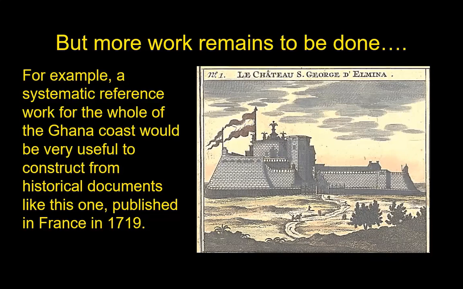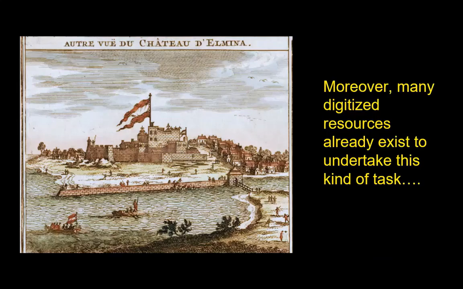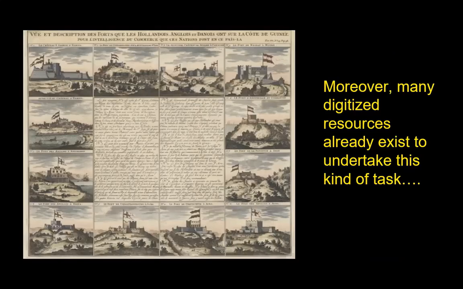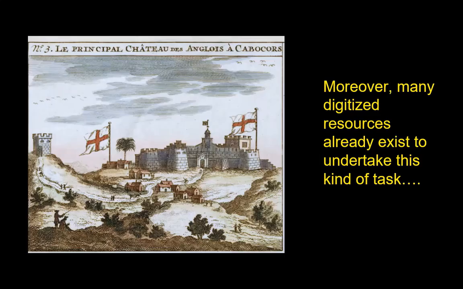This is one view of the Elmina Castle. A second view is from the other side of it and was considered so important by the French at the time that they include both views. In fact, the French produced this as a kind of catalog at the time of the different forts of English and Dutch on the coast.